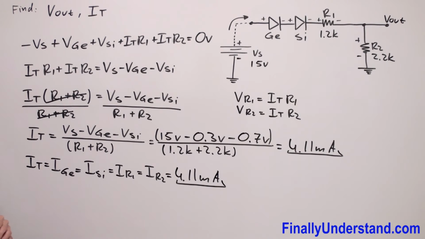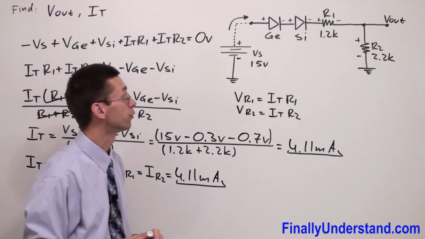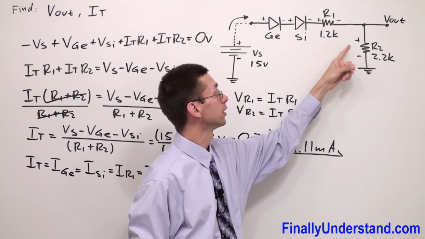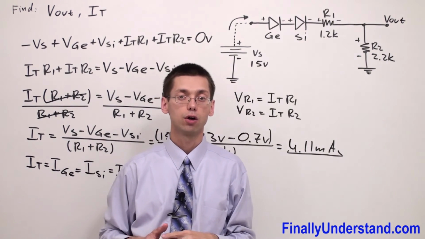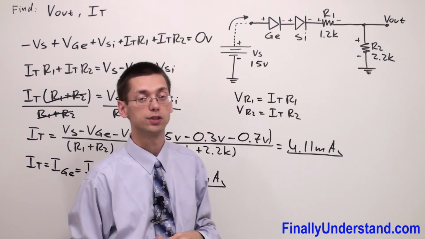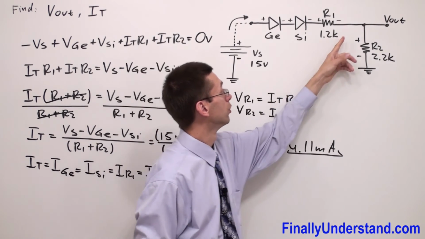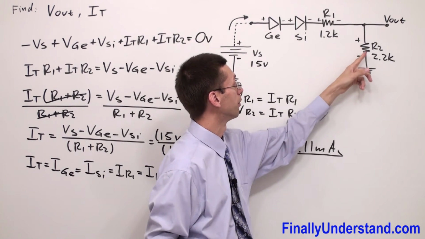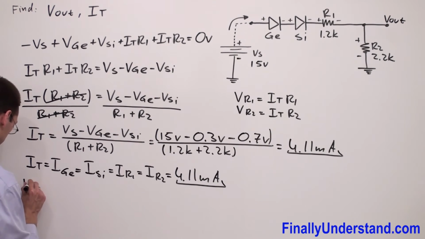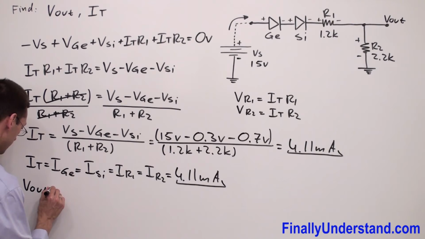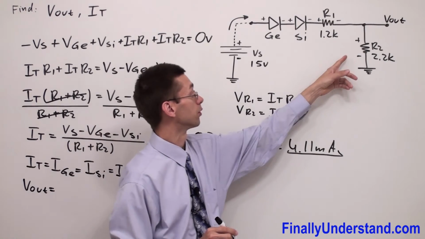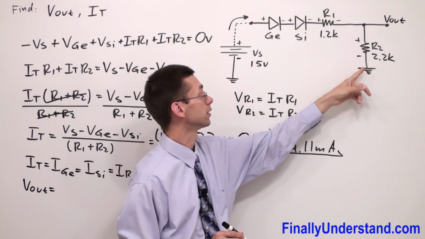Next, we're supposed to find the output voltage. In order to find output voltage, I'm going to write the KVL from the output terminal to ground. On the test, always choose the shortest way to reach the ground in order to save time. So I'm going to go from Vout to ground by resistor R2. So Vout is nothing else, just the voltage across resistor R2. Remember, we measure Vout between the output terminal and ground.